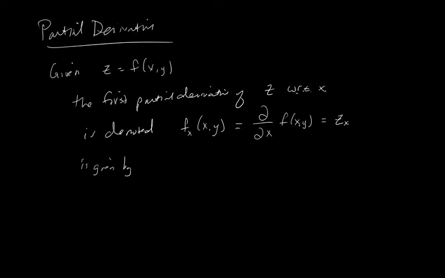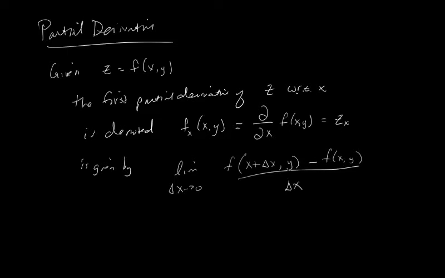We have the limit as delta x approaches 0 of f of x plus delta x, comma y, minus f of xy divided by delta x.